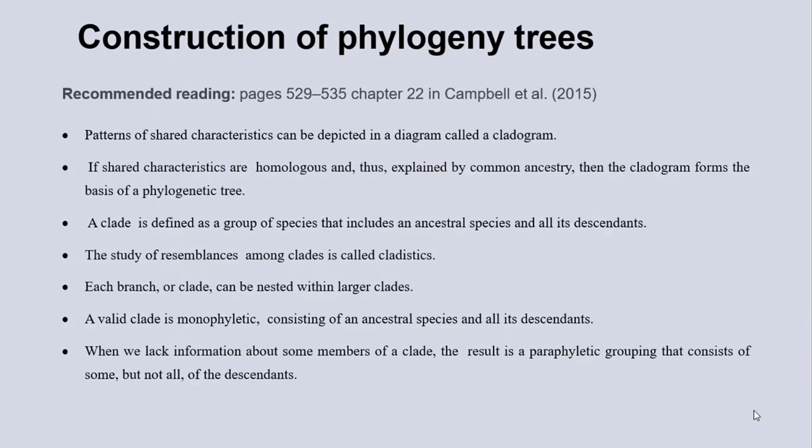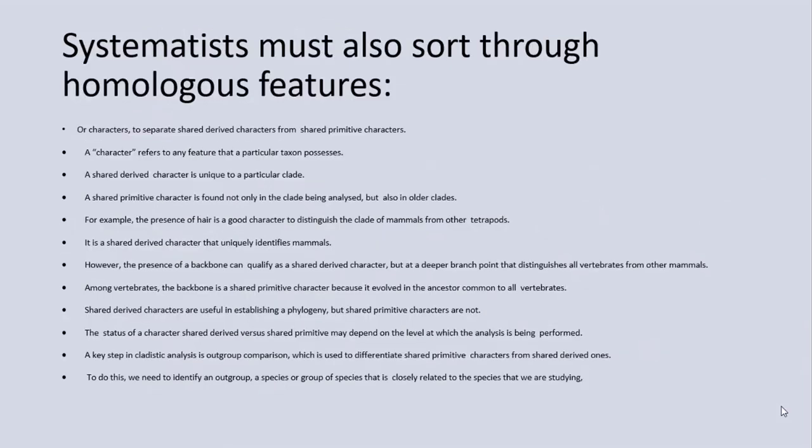We talk about homologous, but here you have to look for the ones based on convergent evolution or analogy when you are constructing this phylogenetic tree. So systematics must also sort through homologous features.